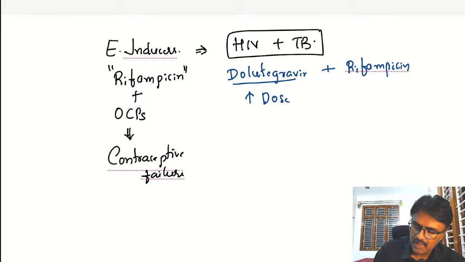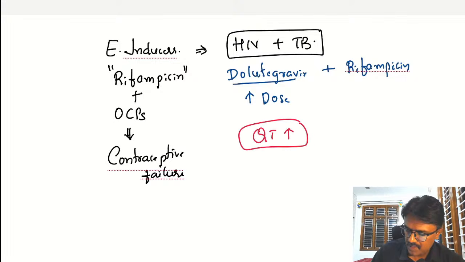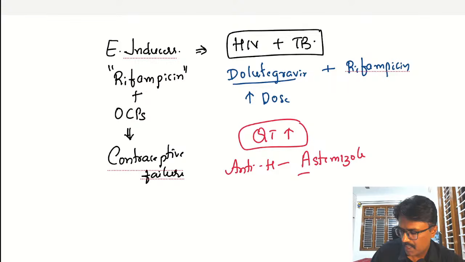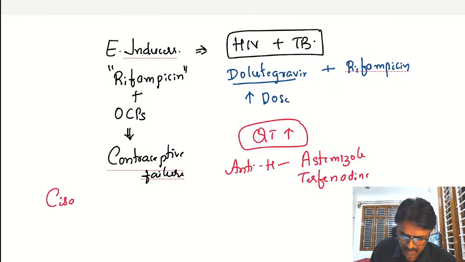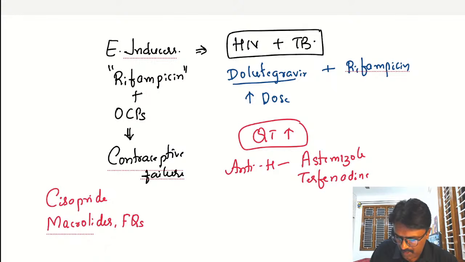Sai Krishna, there are plenty of drugs which can cause QT prolongation. For your information, let me tell you, some antihistamines which are tested in the exams are astemizole and terfenadine. Some of the drugs used for GERD, cisapride, which can cause QT prolongation. Antibiotics, mainly the macrolides like azithromycin and fluoroquinolones, can cause QT prolongation.